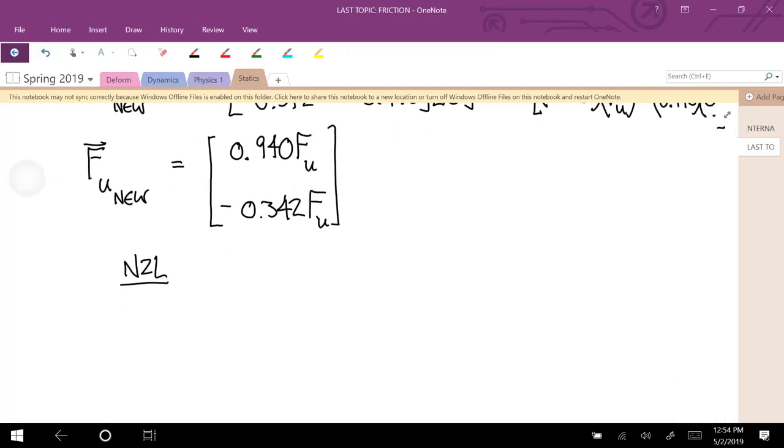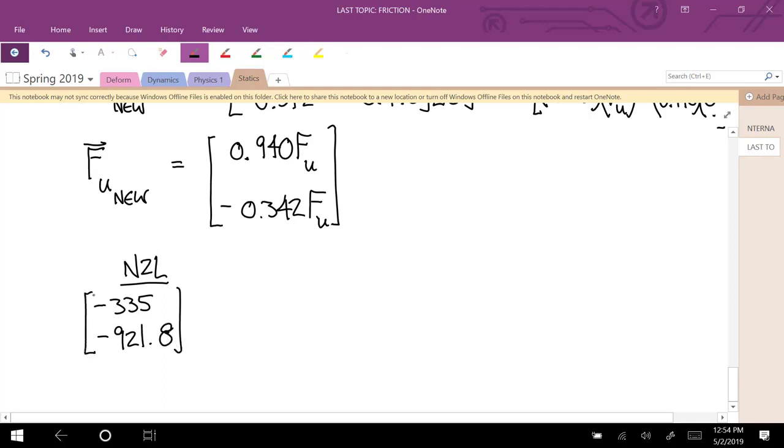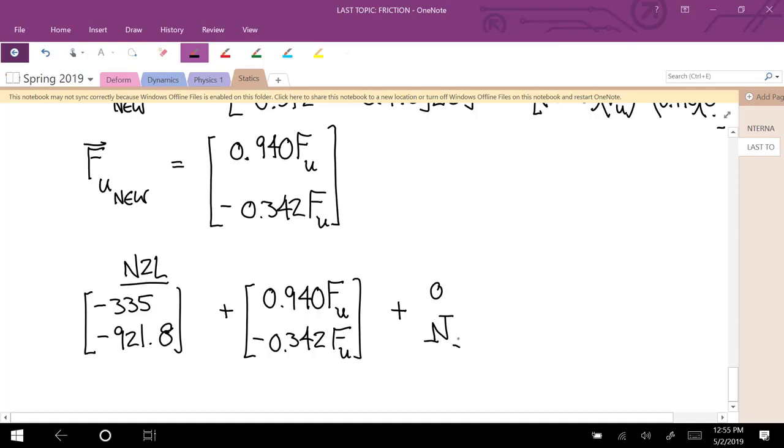So the weight force is negative 335, negative 921.8, plus the applied force up the ramp, 0.940 Fu, negative 0.342 Fu, plus 0, N, plus negative 0.2 N, 0.